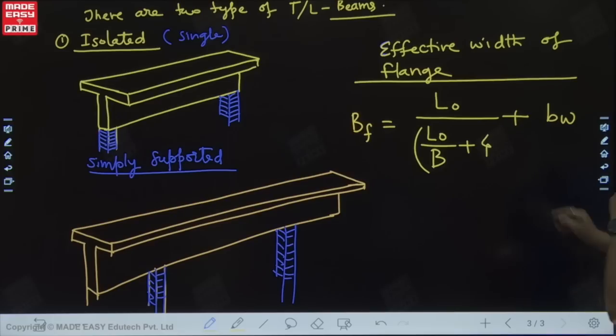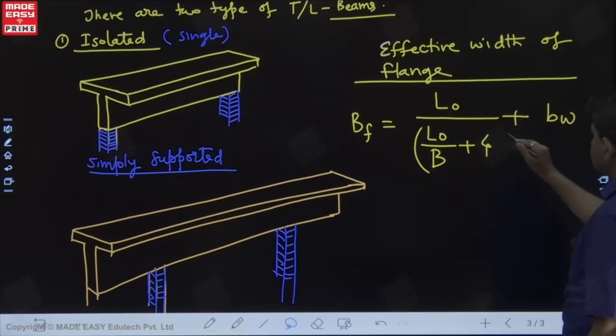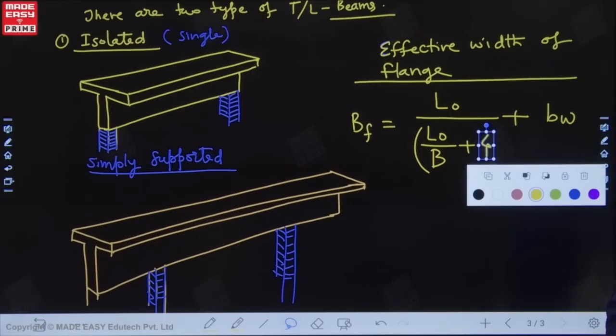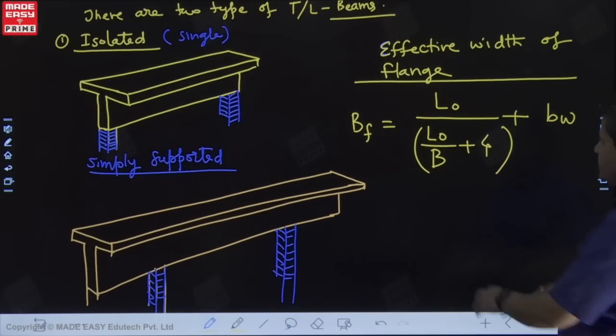L0 by 6 plus 4 and plus BW. This is the formula for effective width of flange.